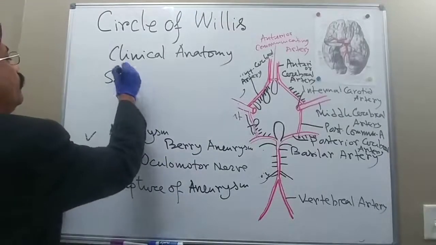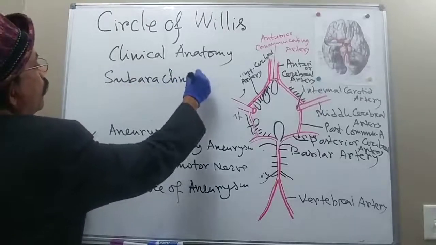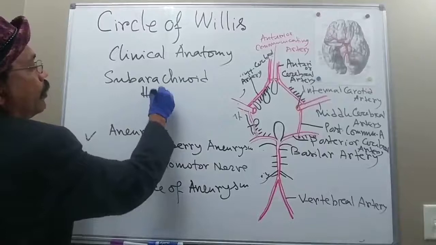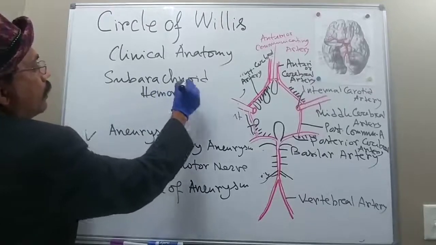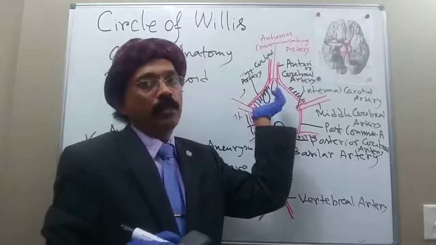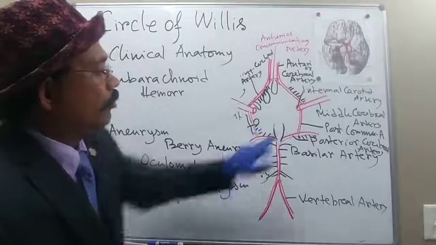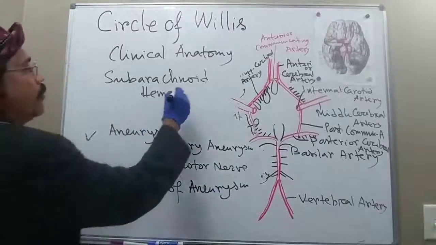Rupture of aneurysm will lead to subarachnoid hemorrhage, because we already know that the circle of Willis is in the subarachnoid space, in the deep interpeduncular cistern. So if it is broken, there will be subarachnoid hemorrhage.